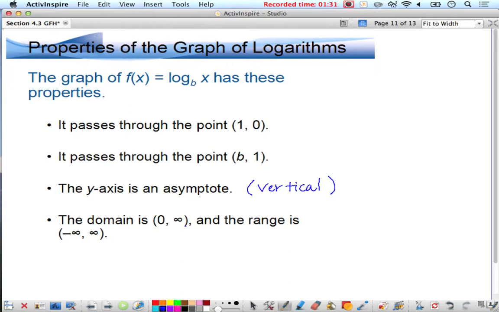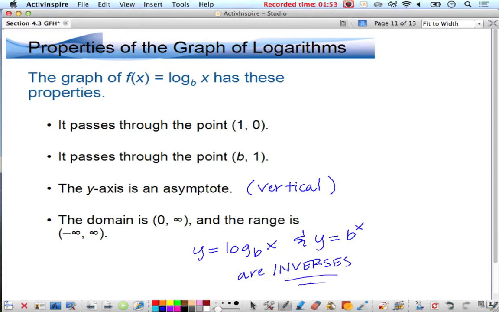So they're exactly opposite, which basically means that y equals log base b of x and y equals b to the x are inverses. And knowing that can help you graph them without a whole lot of trouble. That's the thing you need to know.